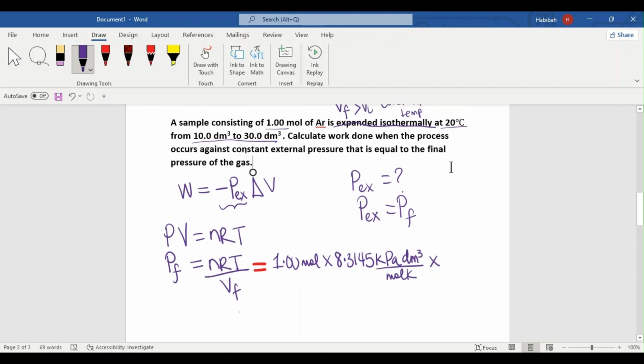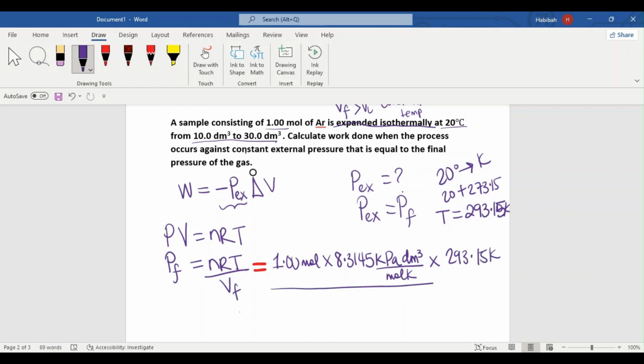The temperature here is 20 degrees, so 20 degrees to Kelvin is 20 plus 273.15. So the temperature is actually 293.15 Kelvin. All of this information is divided by the final volume, so that would be 30.0 dm cubed.